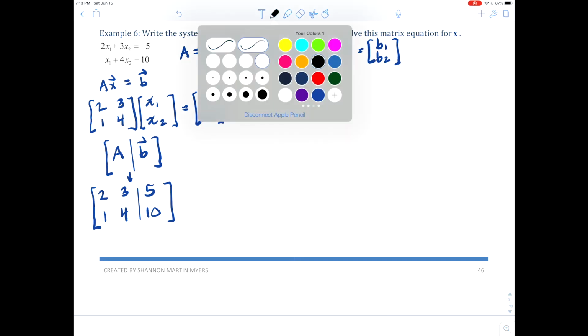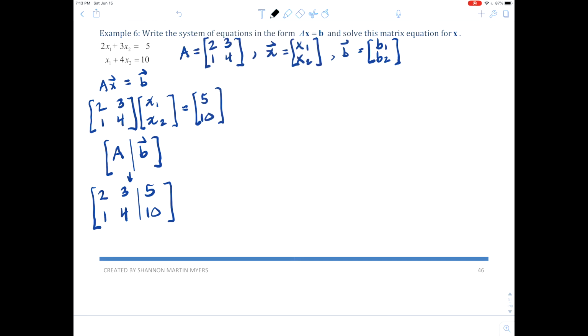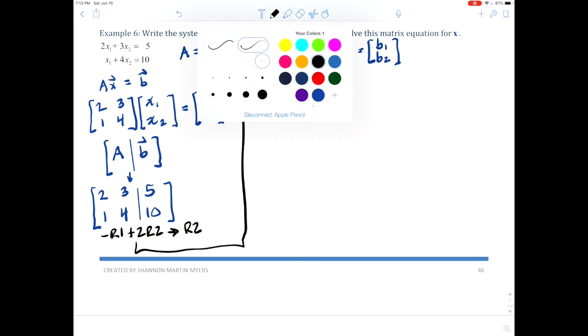So what we're going to do is we need to zero out the 1 that is in row 2, column 1. So to do that, let's go ahead and say negative row 1 plus 2 row 2. And that's going to give us a new row 2. Cool, cool? So let's check it out.